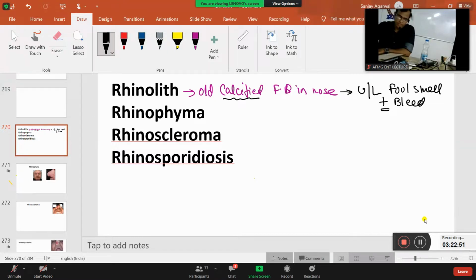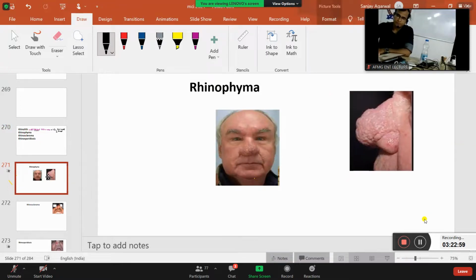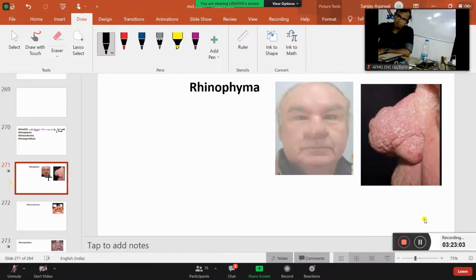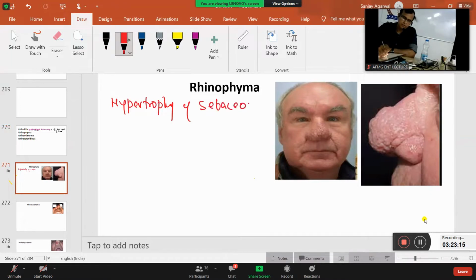Rhinophyma. What is rhinophyma? This is a diagram of rhinophyma. This is due to hypertrophy of the sebaceous glands of the nasal skin.